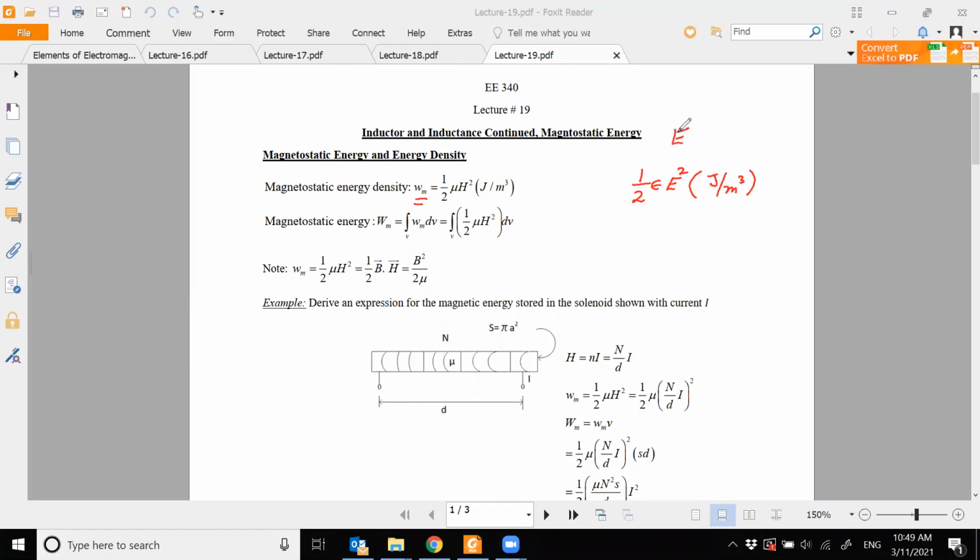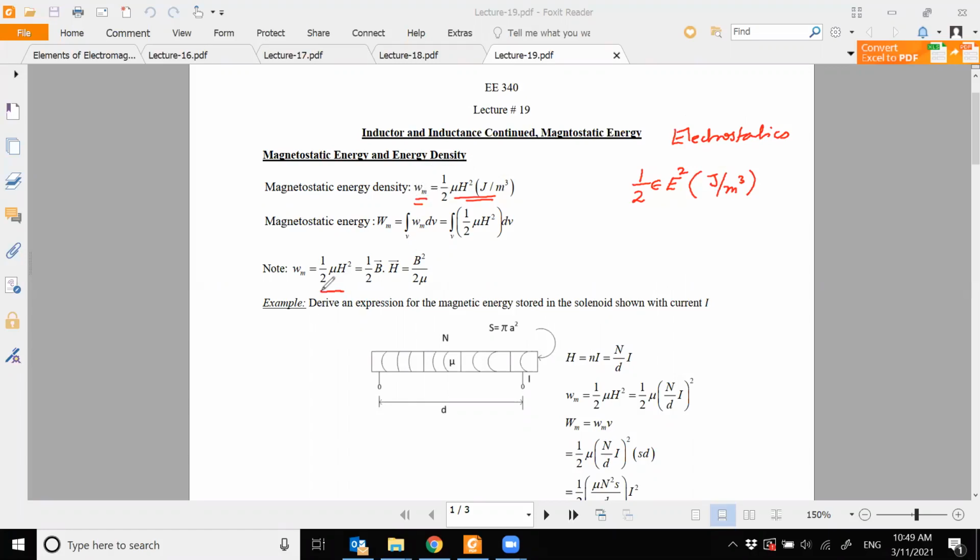And if you want to find the energy, you can integrate this magnetostatic energy density over any volume. Then you will get the energy. And half mu H square is not the only way.